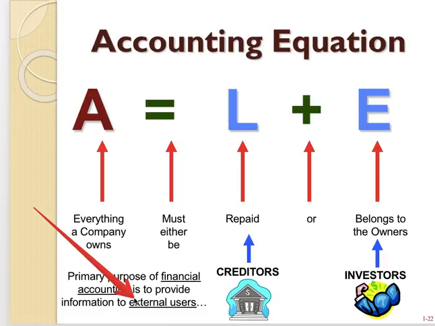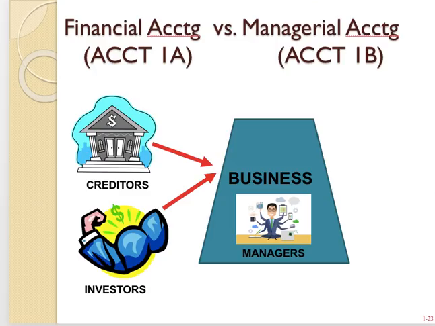Now, this might be a little bit confusing, especially when we talk about investors. So let me explain that really quickly. Creditors are considered external users because they put the money into the business, but they don't really get to say what the business does with that money.